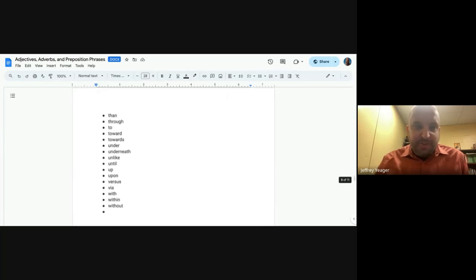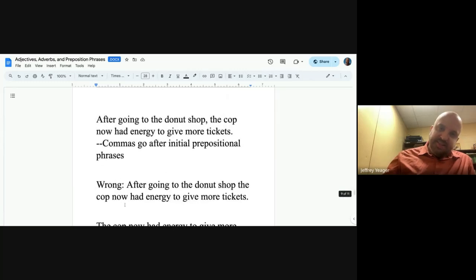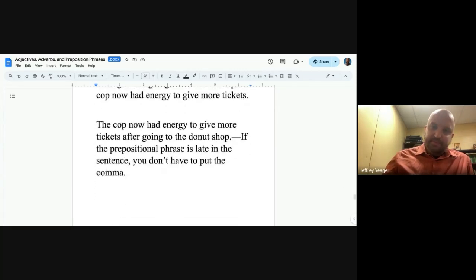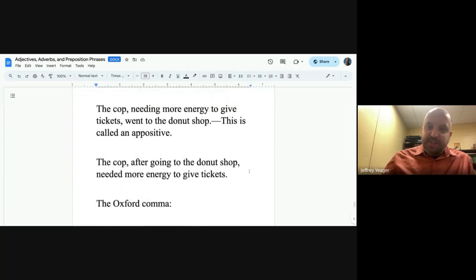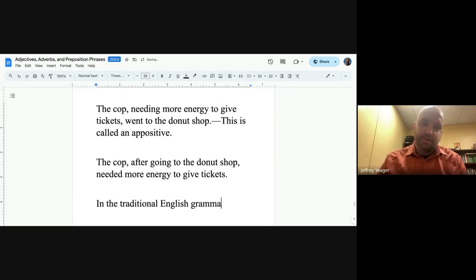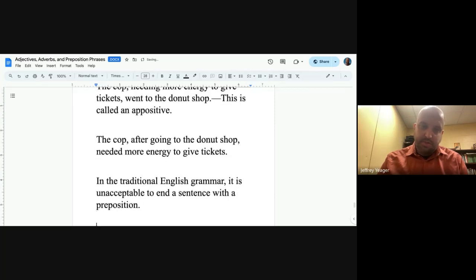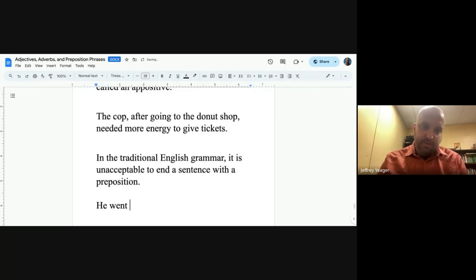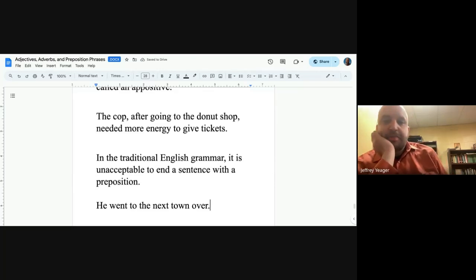So one rule that I should probably mention is that in traditional English grammar, it's very much frowned upon to end a sentence with a preposition.